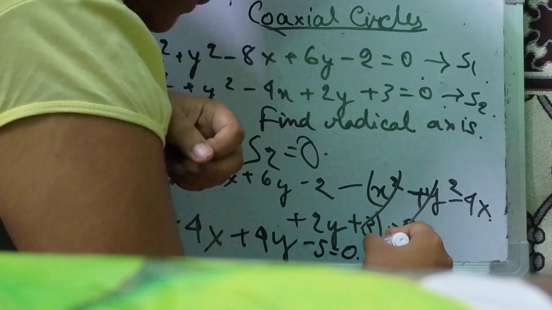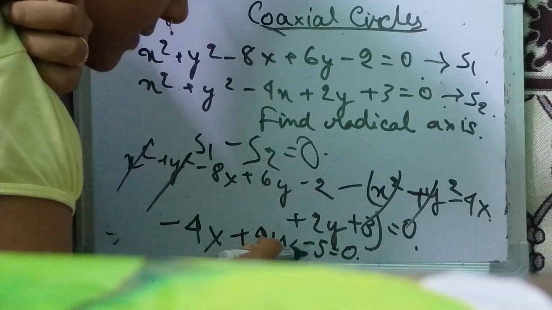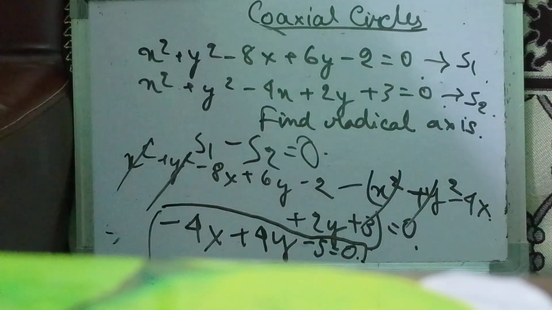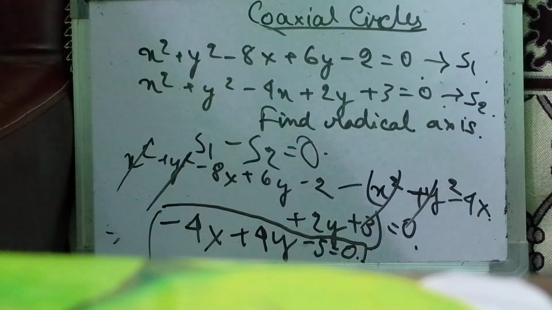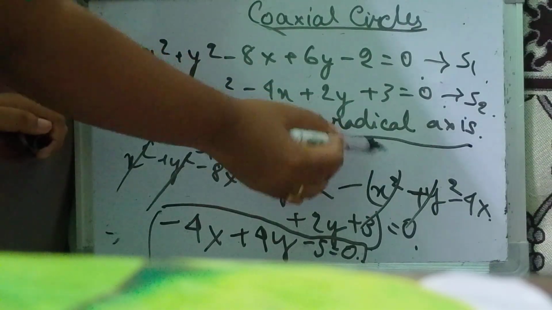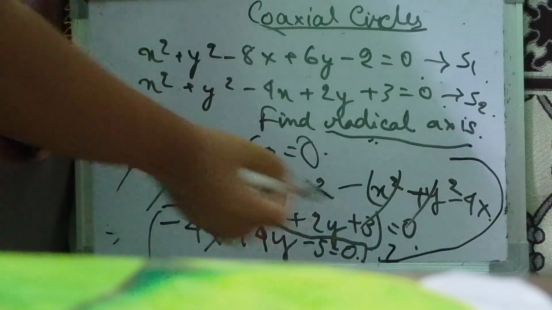So our equation came out to be −4x + 4y − 5 = 0. This is the equation of the radical axis. Here is the radical axis and this is its equation.